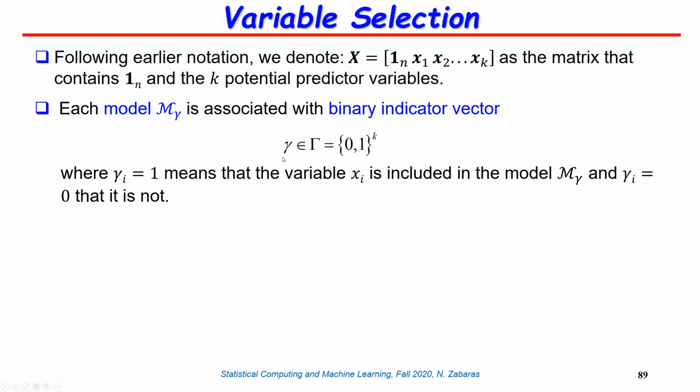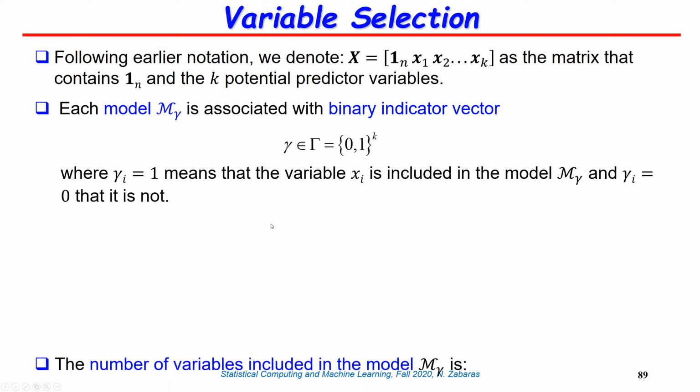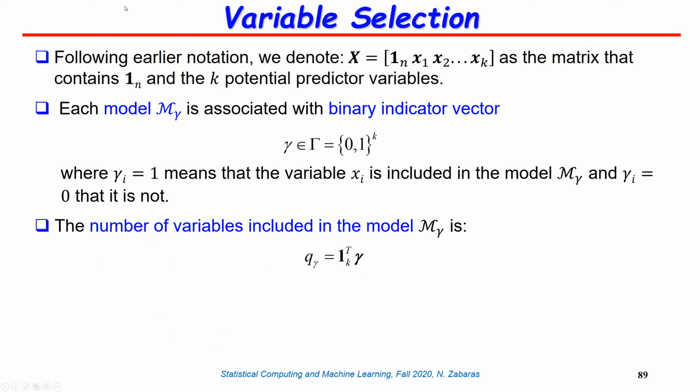But I'm going to index all of these models with this indicator vector gamma that tells me which explanatory variables are in the model. So the total number of variables in the model will be nothing else but, if I take a unit vector of dimension k, q of gamma, which defines the total number of variables in the model M gamma, is this: 1 transpose gamma.